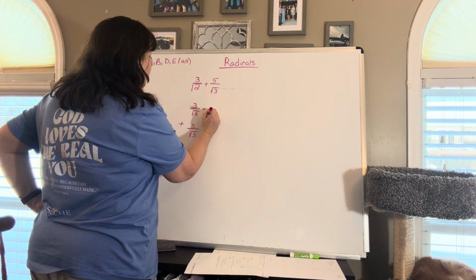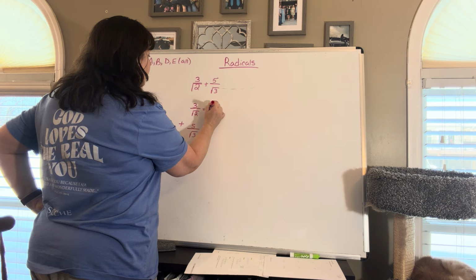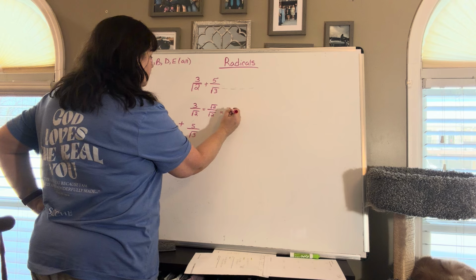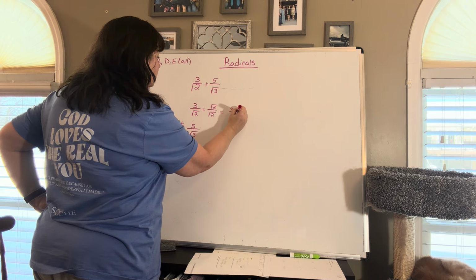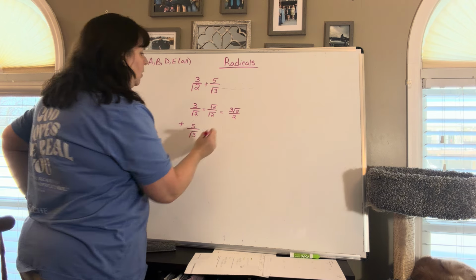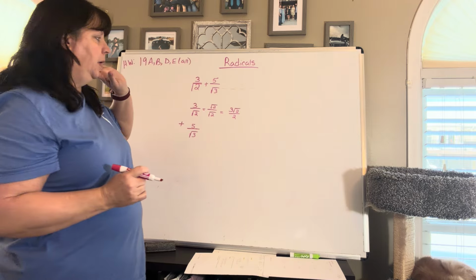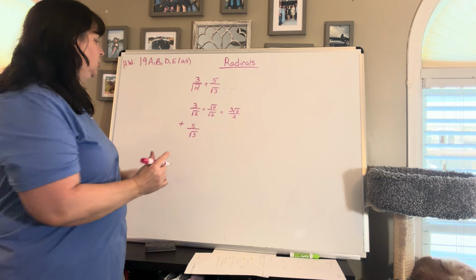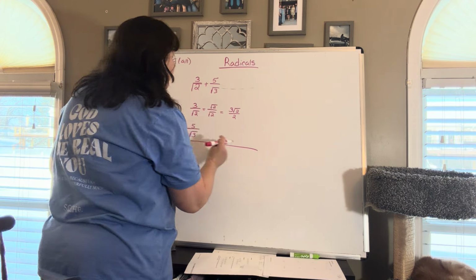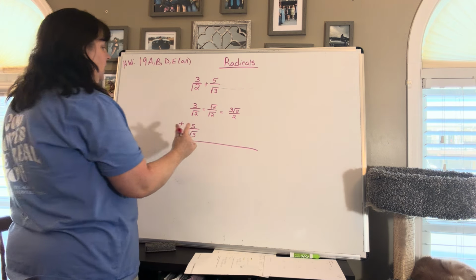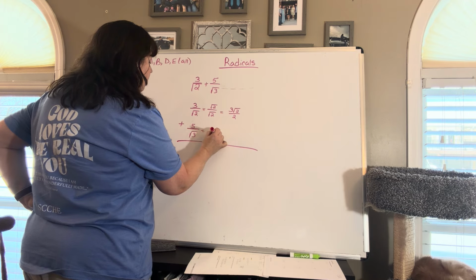Here, I'm going to multiply the bottom and the top by radical 2. And I will get 3 radical 2 over 2. I am not going to change this to 1.5 at this point, okay? I'm going to wait till the very end because I know I have an addition problem here, and so that will just make it even more confusing. All right, let's do the same thing here.